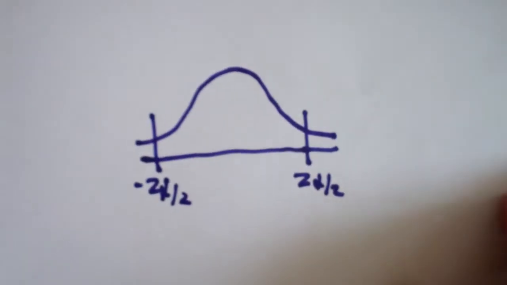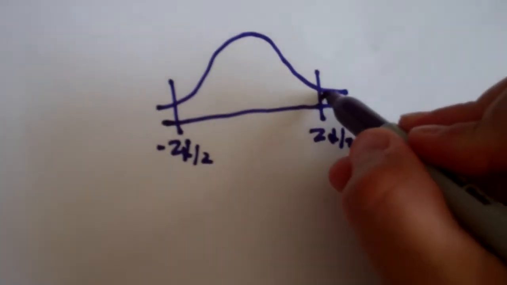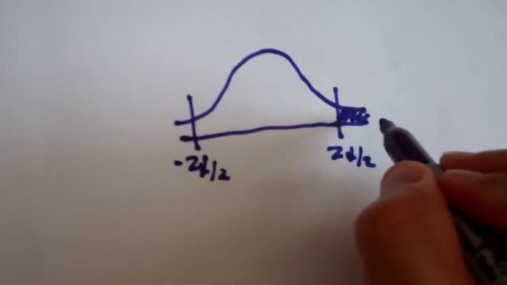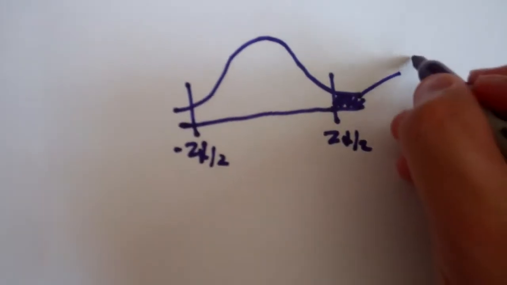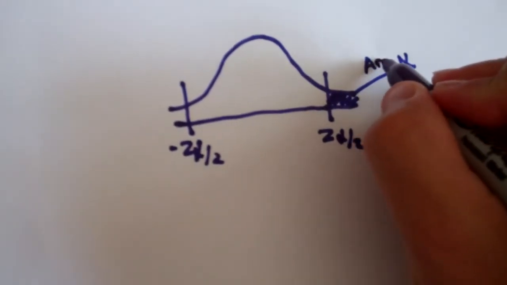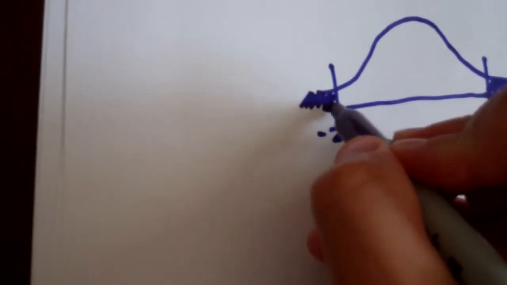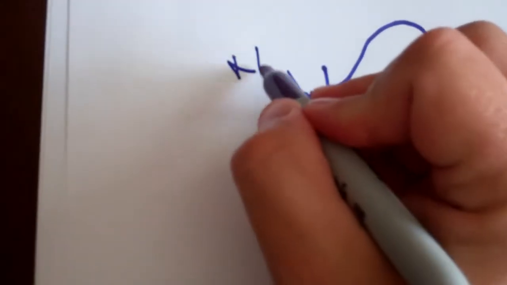And what that designation represents is that the area above this limit, and therefore the probability, is at either side alpha over 2.